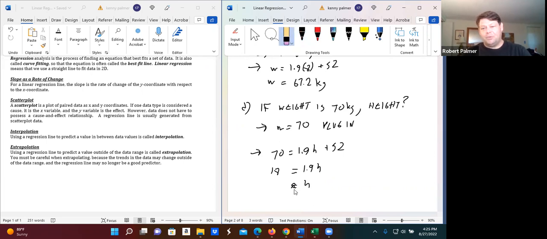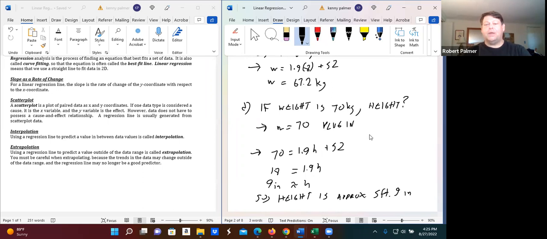H is going to be approximately about 9. Remember, this is 9 inches. So the height of this person is approximately, remember H starts from 5 feet, so 9 inches, 5 feet 9 inches.